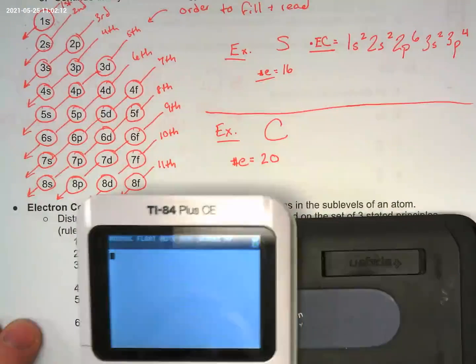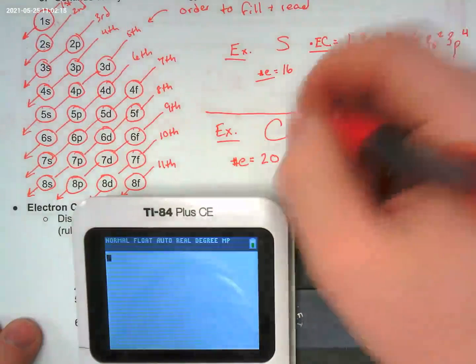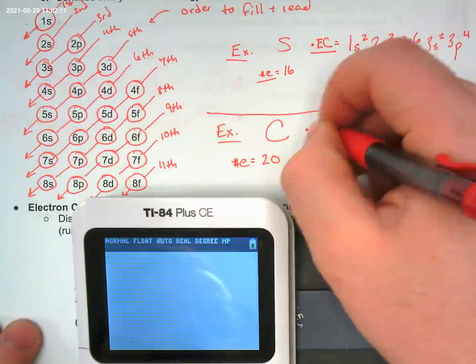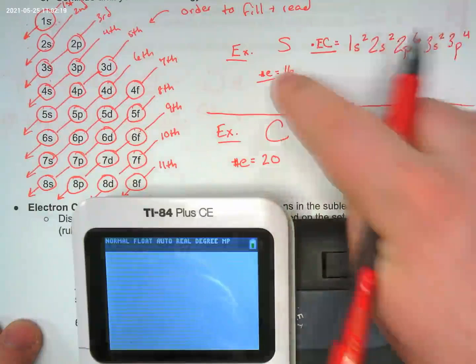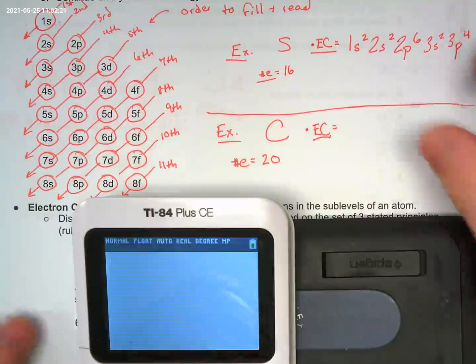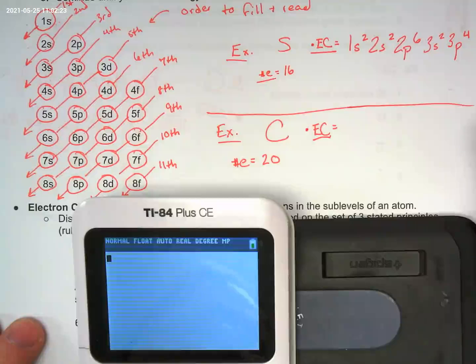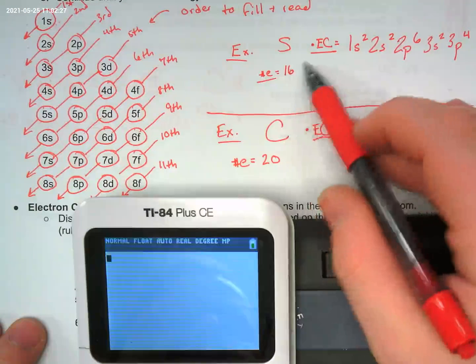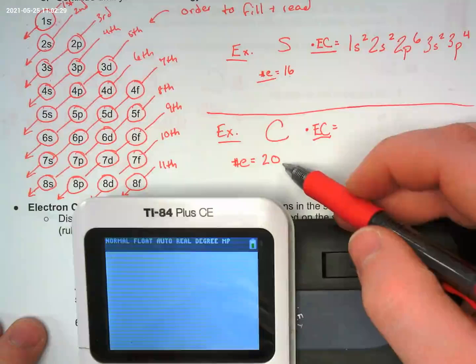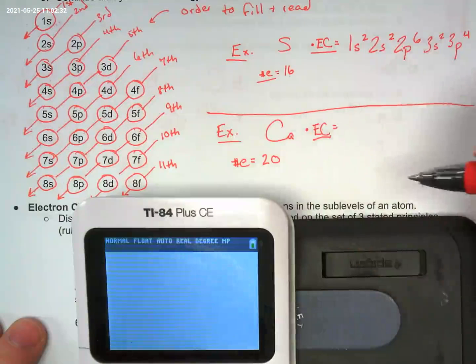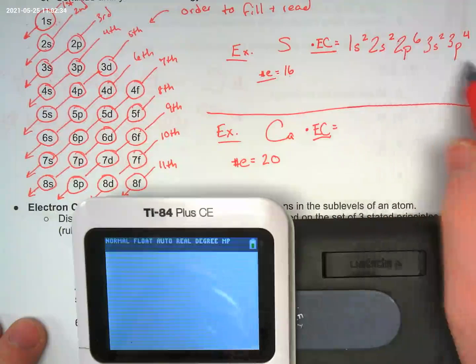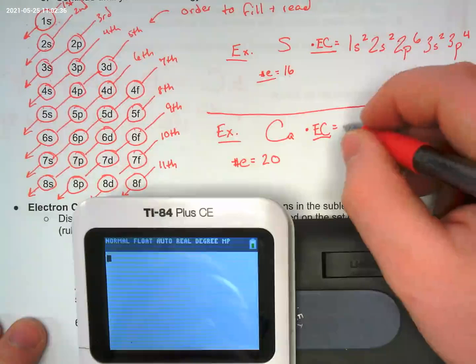What's cool about this is that we just did sulfur, and we know sulfur has 16. Instead of having to redo everything in our brains, we can just look at sulfur. Calcium has 20, so I can just rewrite most of this and know where I left off.